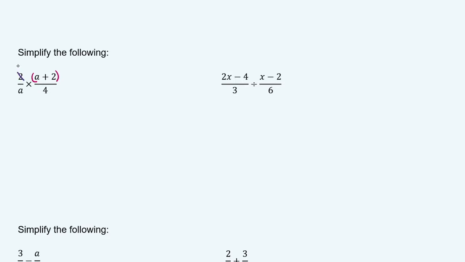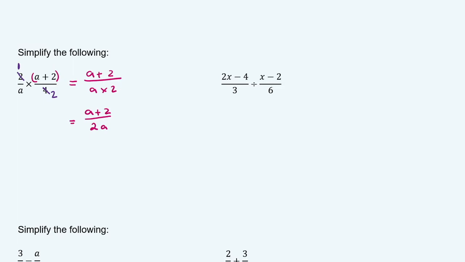We can get rid of that 2 and that 4, because how many 2's go into 4? 2 2's go into 4. Pretty straightforward there. So now we've got left just the a plus 2 at the top, and then we have a times 2. Well, that's just going to give us a plus 2 over 2a.